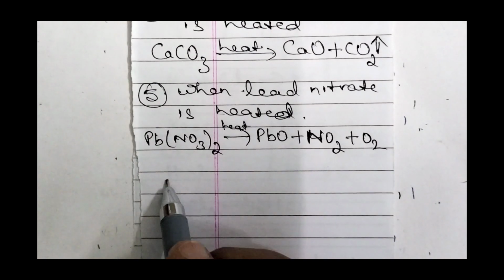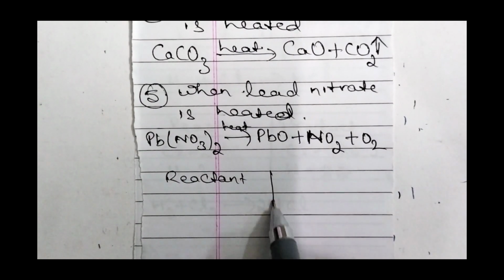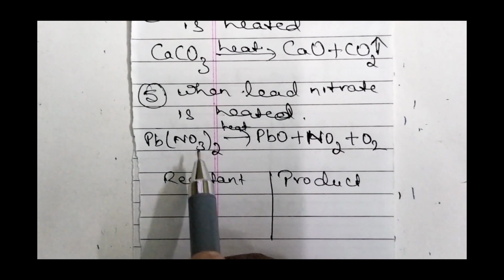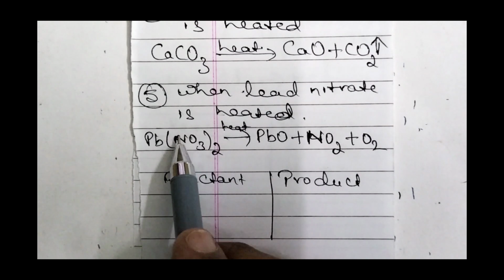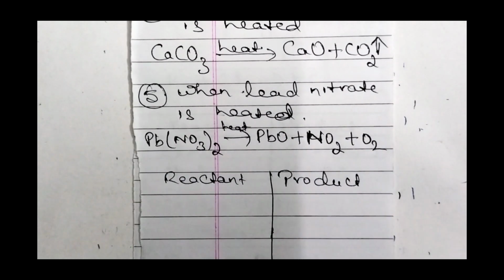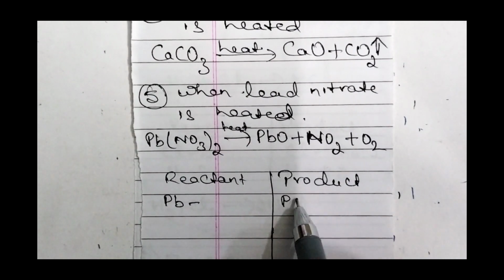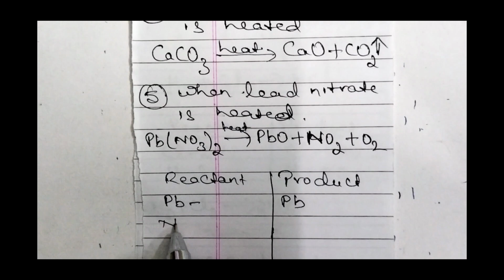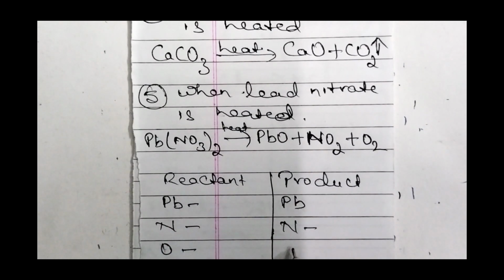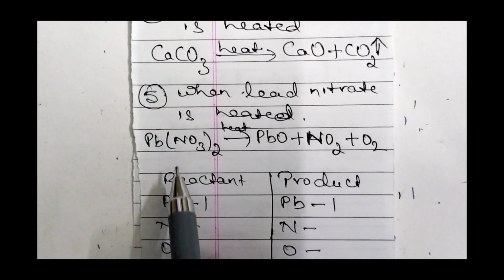Now let us balance this equation. Reactant, then product. On the reactant side a polyatomic group is there, but on this side no polyatomic group, so no need to balance it. First let us balance lead, then nitrogen, next oxygen. Pb 1, here also Pb 1.